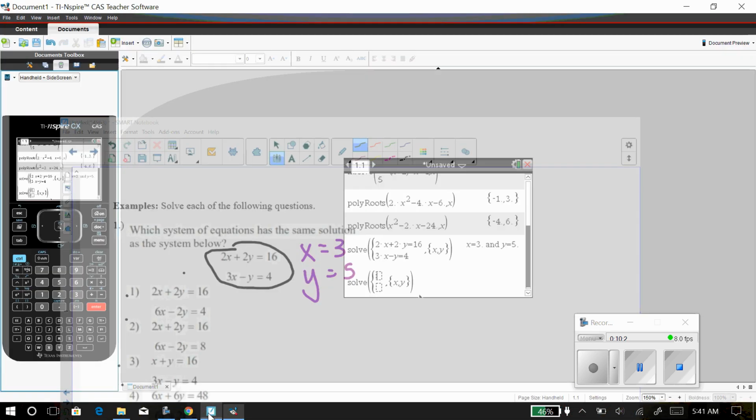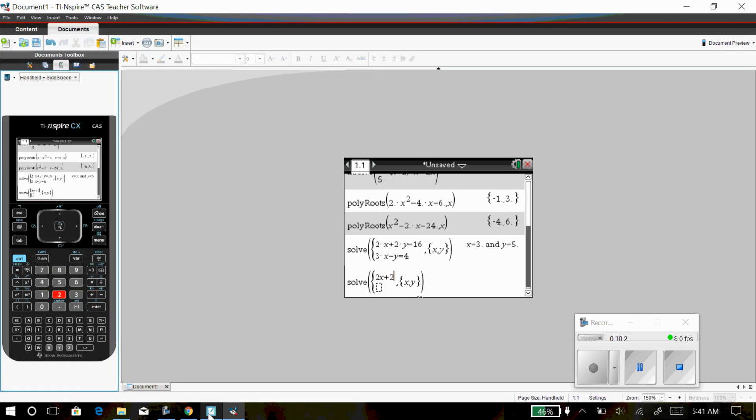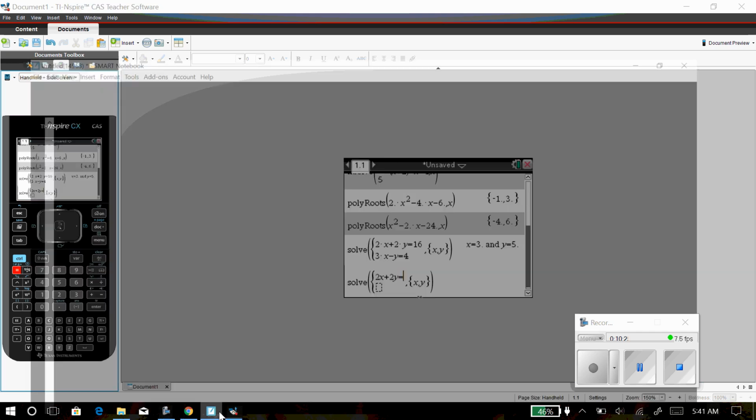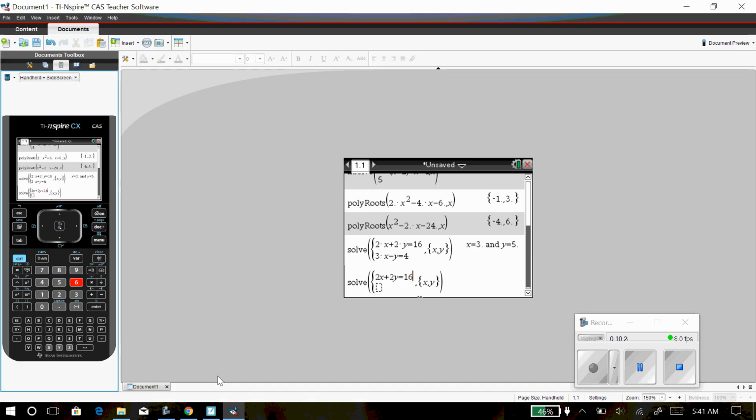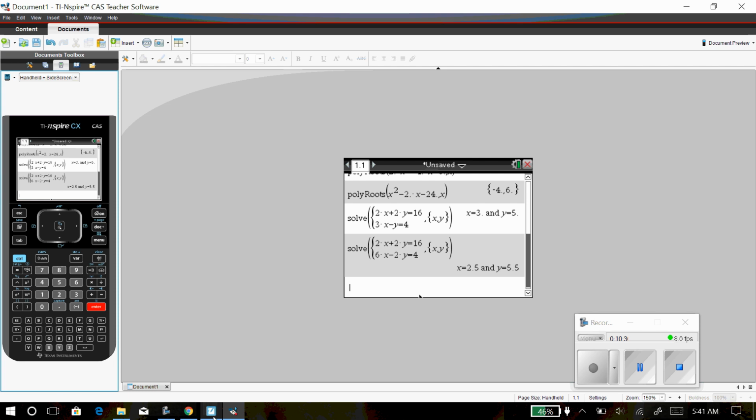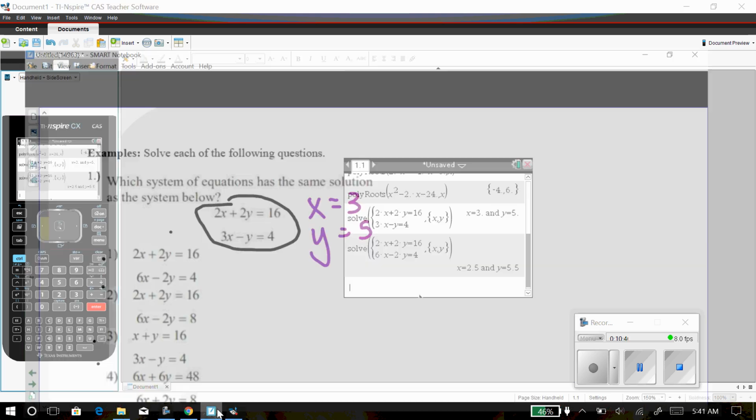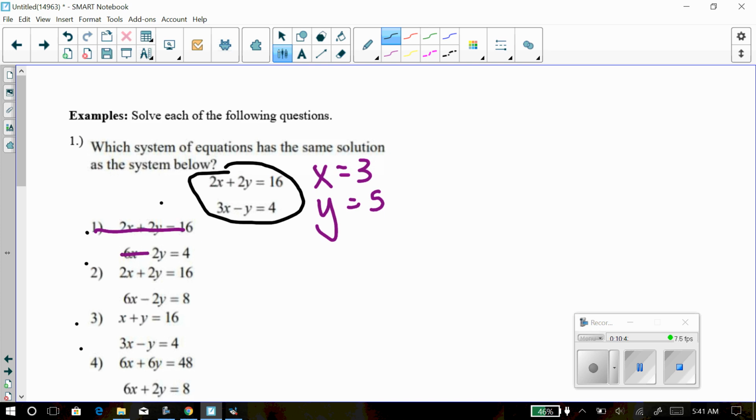So 2x plus 2y equals 16, 6x minus 2y equals 4. Those are not the same solutions, so that is not the answer. Not choice 1.